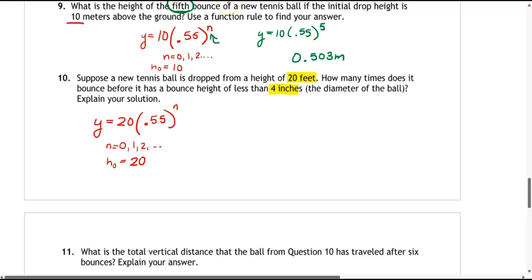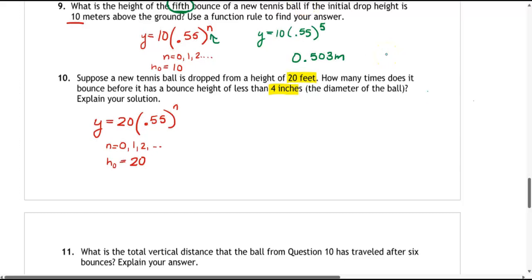So we need to figure out what 4 inches is out of 1 foot. What I want to do is convert that 4 inches into feet so I know what I'm looking for. So let's do a conversion really quick.